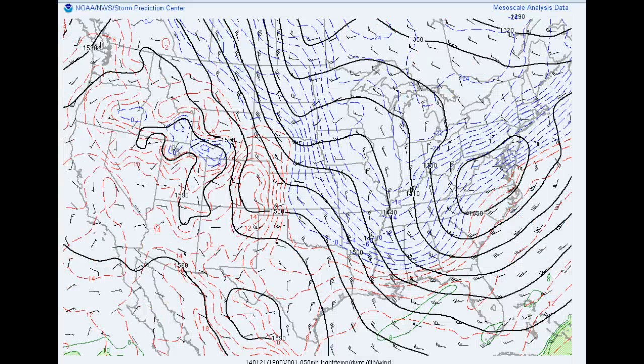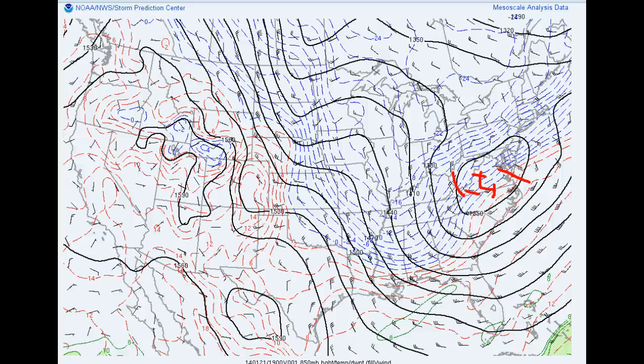I'll show you here the 850 millibar low, and here you can see our winds in here. We have, coming out of the north here, the west, and they come out of the east here. So our low is going to be in here someplace. Now, general rule of thumb is you track the 850 millibar low, and within about 60 to 90 miles to the left of the track.